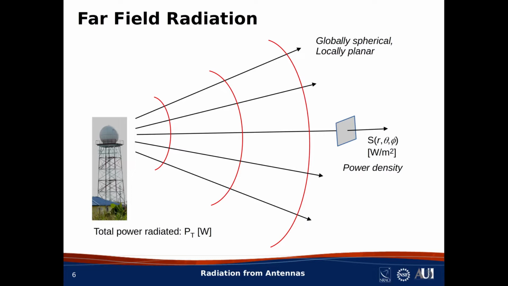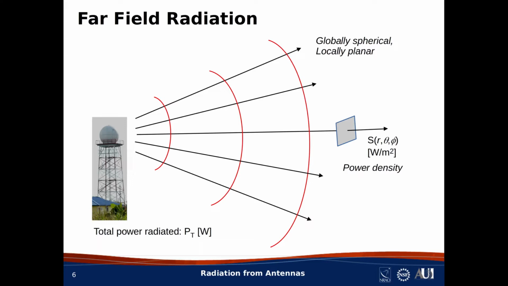So, we have capital S as a function of the distance, r, and the direction, theta and phi. Now, the question is, how do we get the power density, S? Perhaps it is obvious that S is proportional to the total radiated power, P sub t. But other than that, how do we get from P sub t to S?